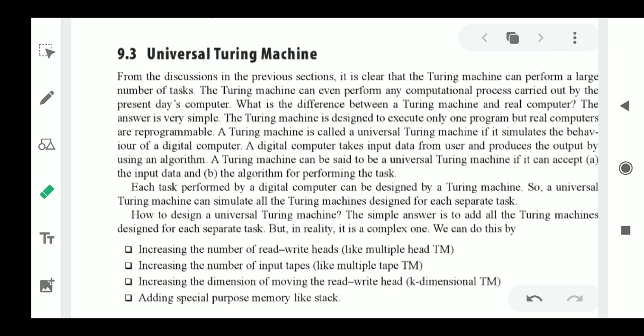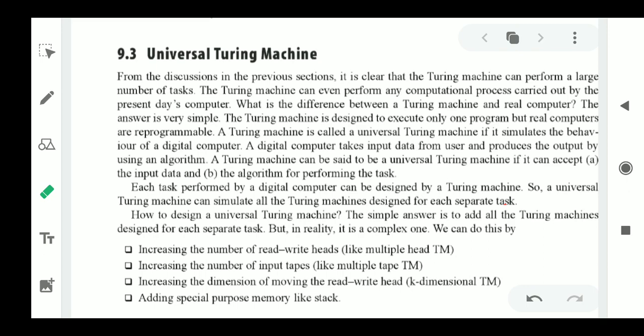As I told you in the previous discussions, our Turing machine is similar to our real computer, but the only thing is a Turing machine will perform only a particular task. Suppose we design a Turing machine for addition of the given numbers, that particular Turing machine will work only for performing the addition operation.